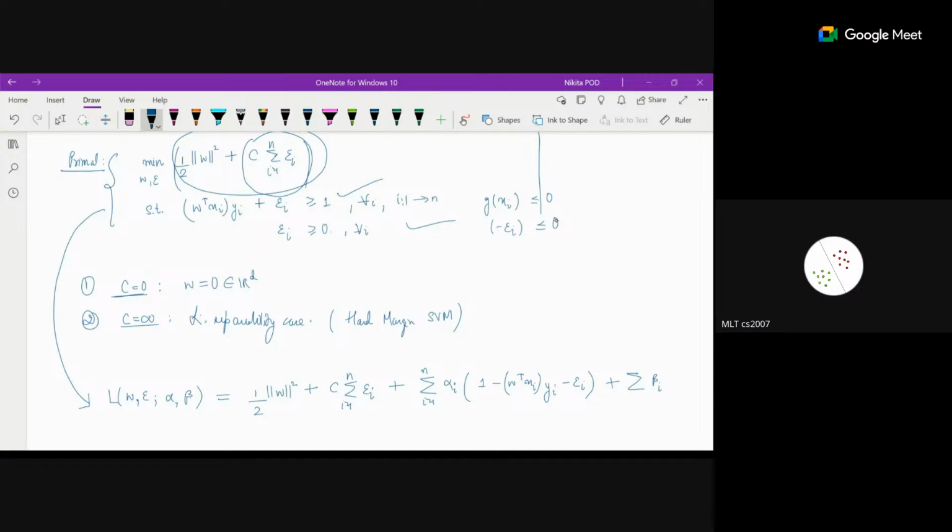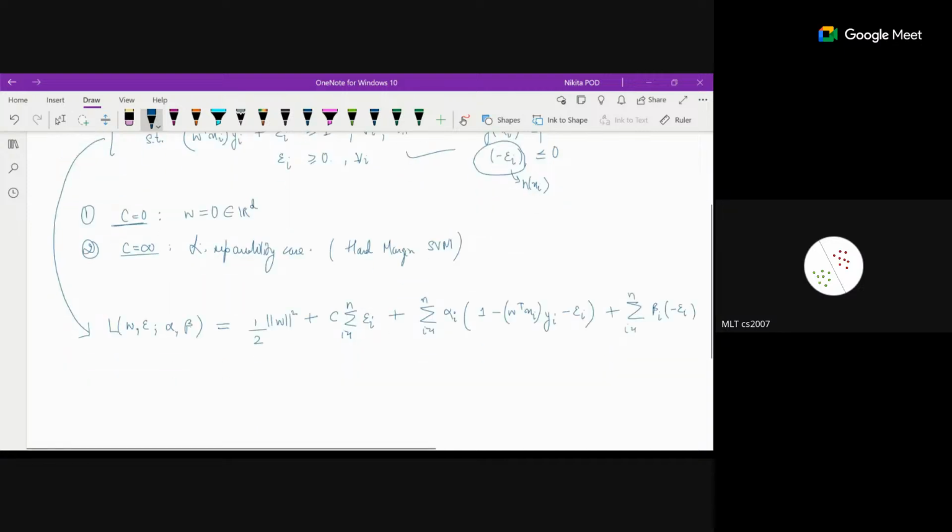This will be your g of xi, or you can say h of xi. So plus sum over beta i times minus of epsilon i, where i is varying from 1 to n. Okay, so this is your Lagrangian function in this case.